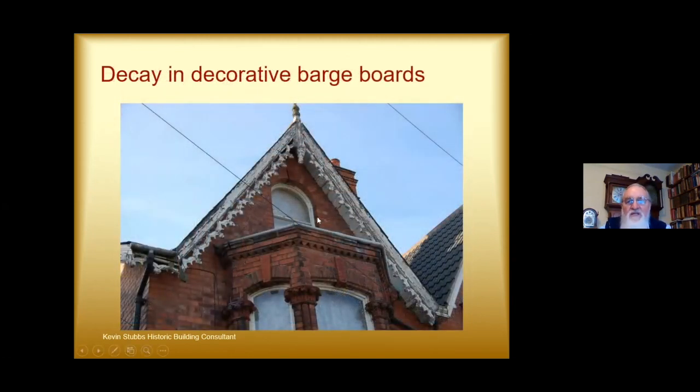Again, on the peripheries, things like decorative barge boards, absolutely imperative that they are well maintained. Imagine the cost of reproducing this if this decay is allowed to continue. And note the next door property.